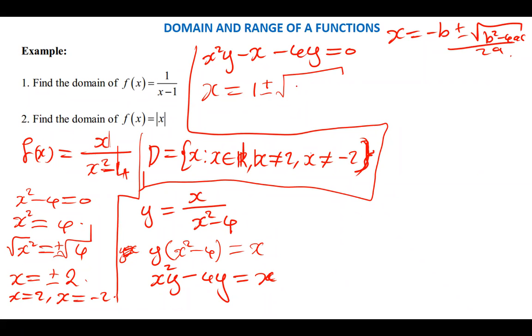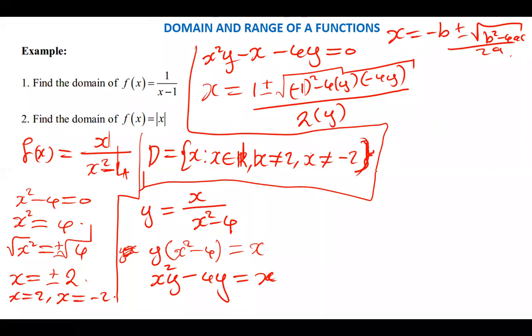Then b squared there will be -1 squared minus 4. My a in this case will be y, then my c will be -4y. So this is how it's going to be, everything over 2, my a is y.